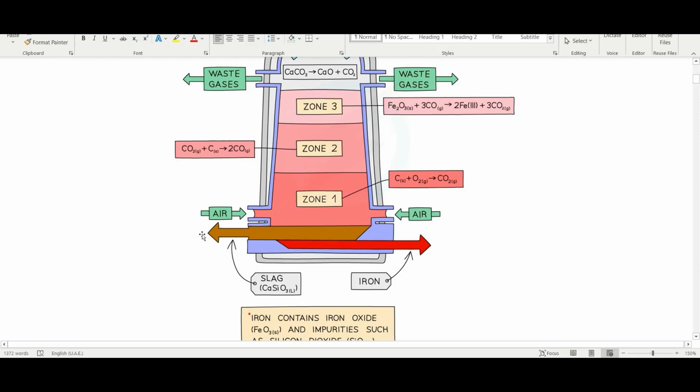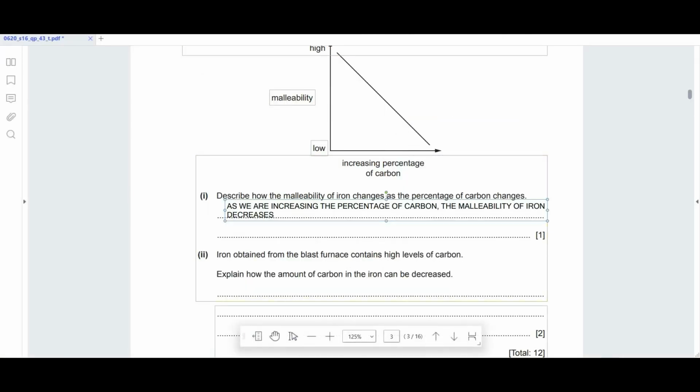So hot air is blown, and the oxygen from it will react with carbon and form carbon dioxide. We can mention the equation, or we can say that carbon dioxide is being formed, and we should also say that hot air is being blown. We should mention two things, so we'll score 2 marks here.